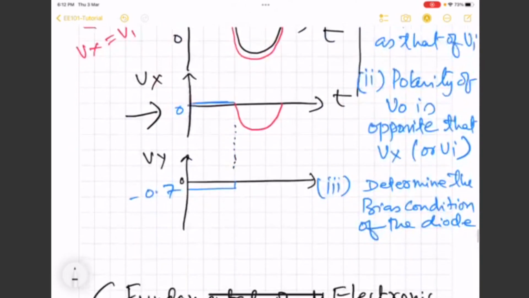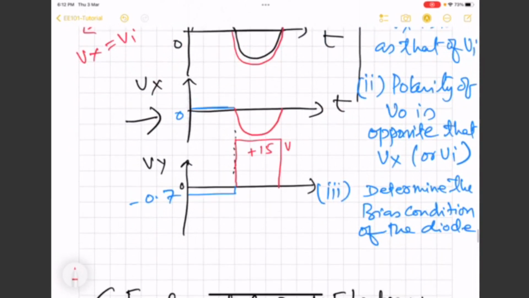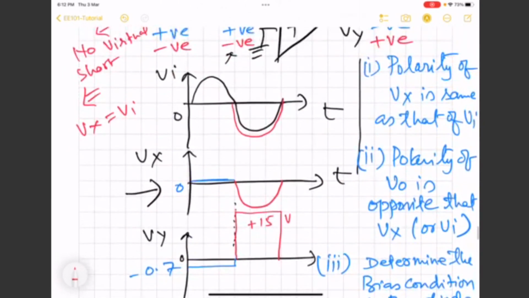So Vy is going to be like this. So this plus 15 volt will be called as the saturated output.